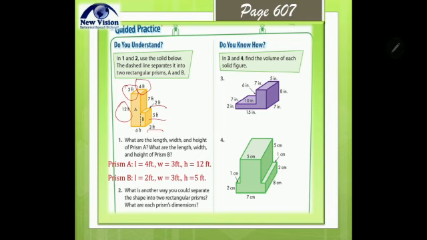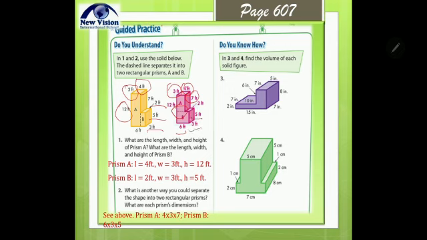What are each prism's dimensions? So aside from dividing it vertically, we can also divide it horizontally. So the dimensions, for prism A, we have 4 times 3 times 7. And for prism B, we have 6 times 3 times 5.